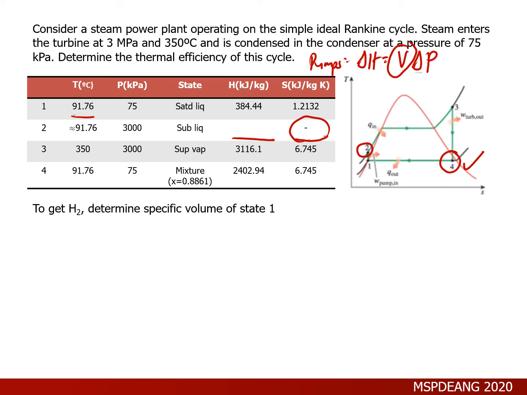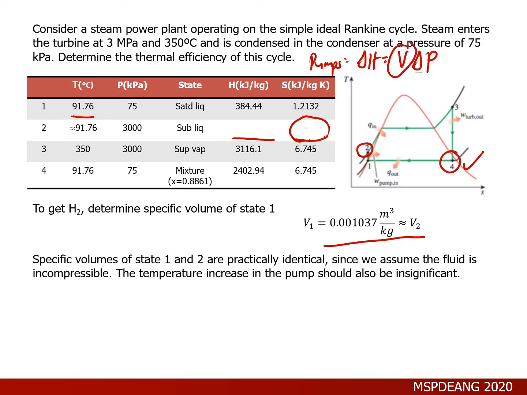If you now look at your steam table, the specific volume at state 1 at saturated liquid at 75 kPa or 91.76 degrees Celsius should be the following value, and this is approximately equal to V2. Again, the specific volumes of state 1 and state 2 are practically identical since we assume the fluid is incompressible.